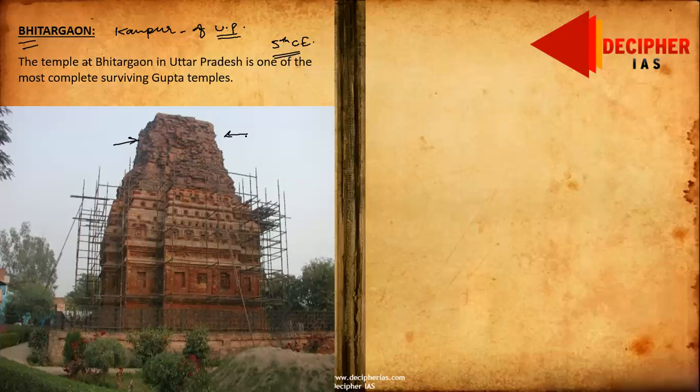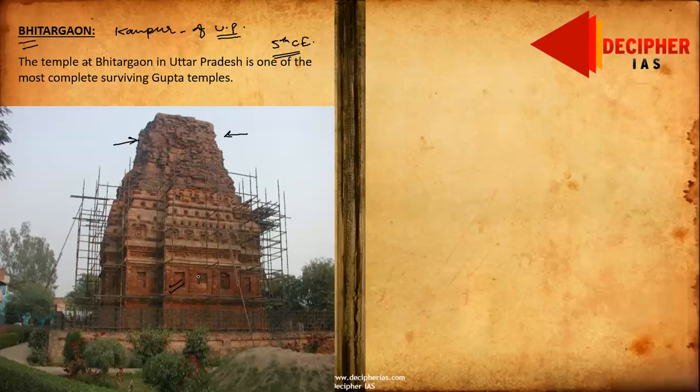These and the decorated capitals create frames in which were once set terracotta panels. These are the panels we are talking about. Few panels survive intact, but examples from other sites demonstrate that they would have once shown lively scenes from mythology, as they were showing mythological scenes in Dashavatara temple.